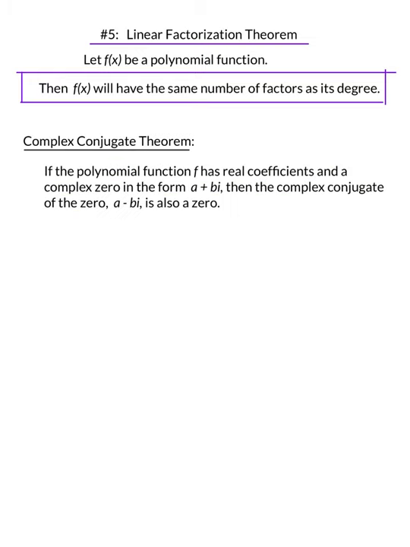Here is the complex conjugate theorem that we're going to be using. It says, if the polynomial function f has real coefficients and a complex zero in the form a plus bi, then the complex conjugate of the zero, a minus bi, is also a zero. So what this theorem is telling you is this. Suppose you get one complex zero.